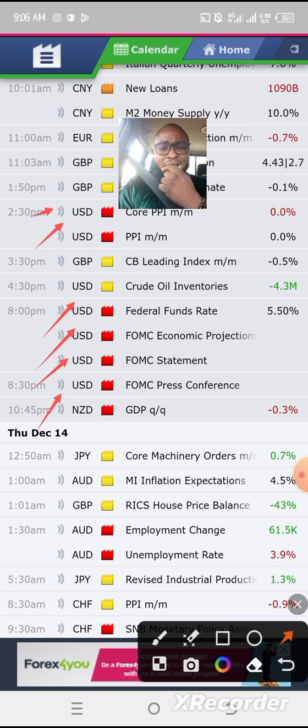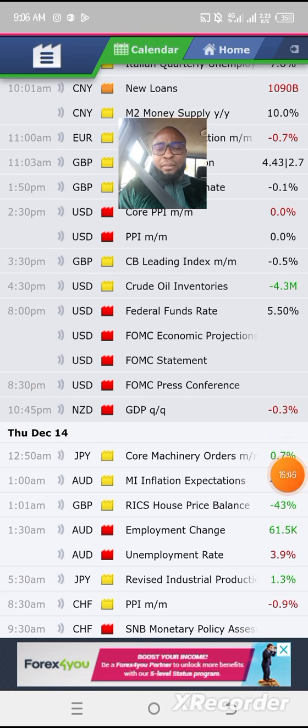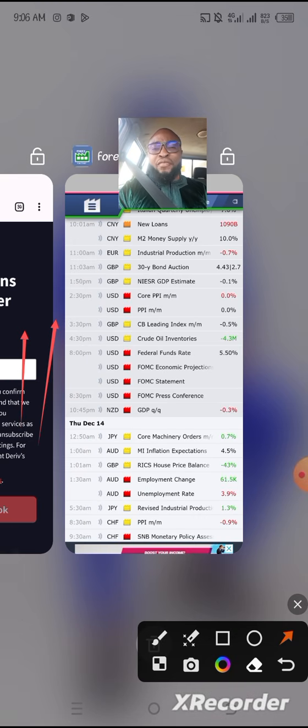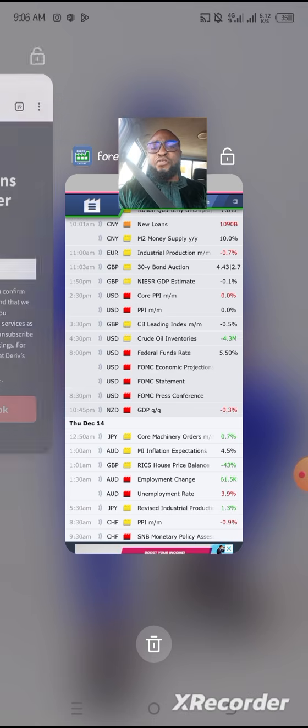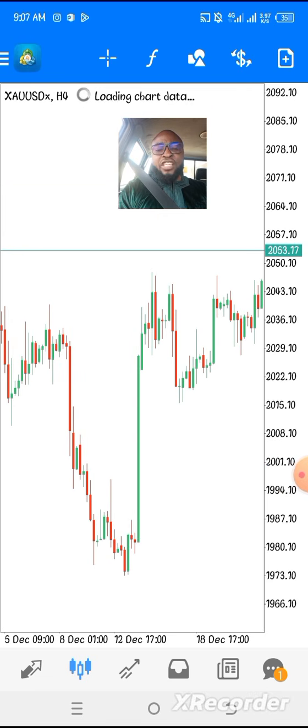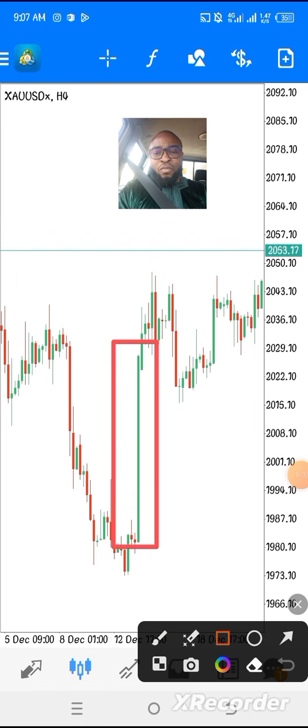Now, as you can see, we have the news at 8 p.m. in the night. This news that you see was very, very powerful that very day. It moved the market to a high extreme. Gold kept going up. This is the news. It was 8 p.m. in the night.